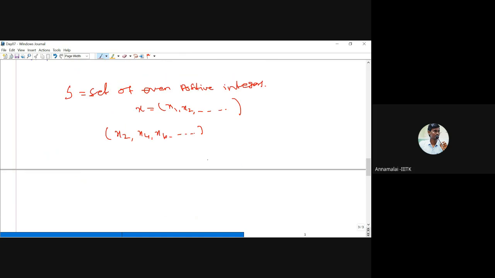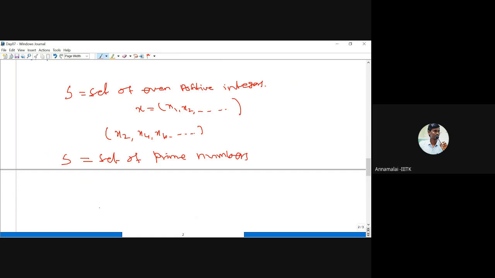Suppose you take S to be the set of prime numbers. Then the subsequence is x2, x3, x5, x7, x11, x13. So this is one of the subsequences.